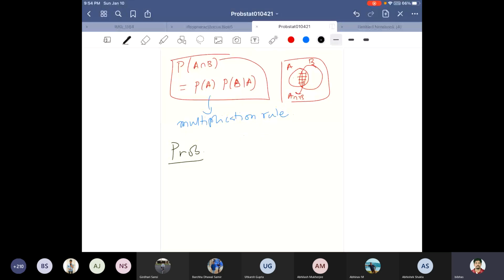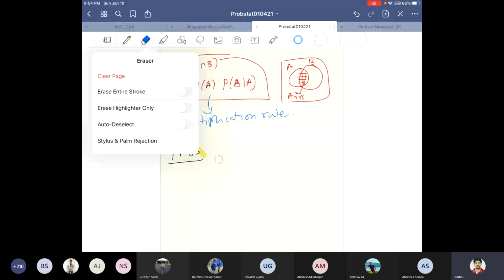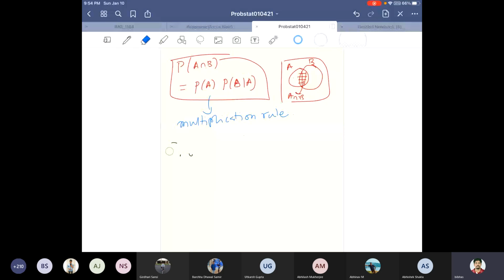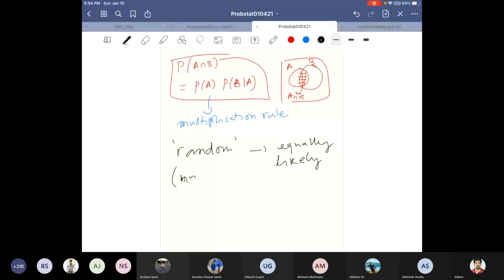So whenever we use the word random, because random cannot be defined, it means equally likely. The outcomes or events are equally likely. This is the meaning of random in the context of this course. Otherwise it will be mentioned, for example, that something is picked randomly with a given probability.